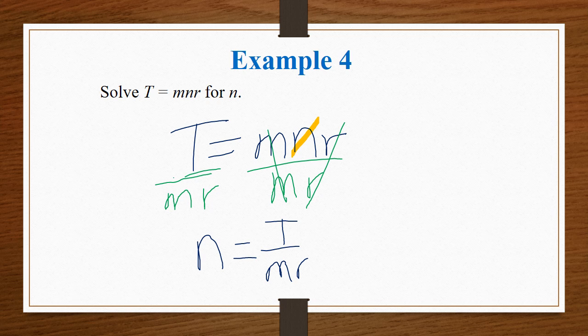So I didn't have any fractions to deal with. What else? I forgot my steps. I didn't have any fractions, so I didn't have to worry about that. I didn't have anything to distribute. Whew, good thing. I didn't need to simplify. And all I need to do was get all the terms that I didn't want away from the one that I did. Isolate, right?